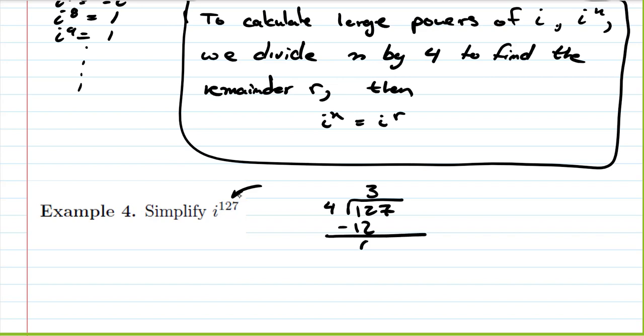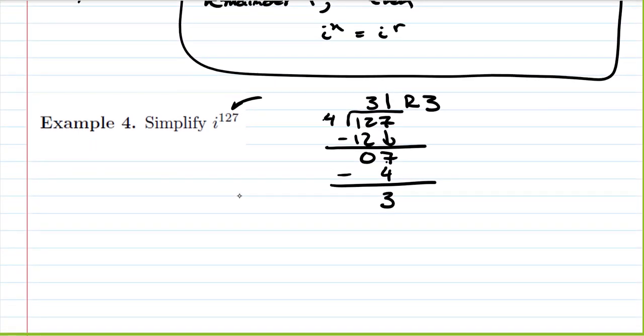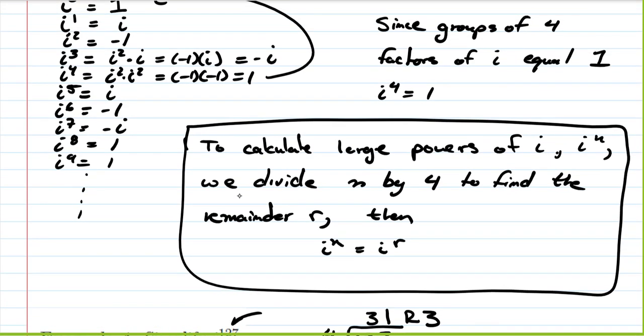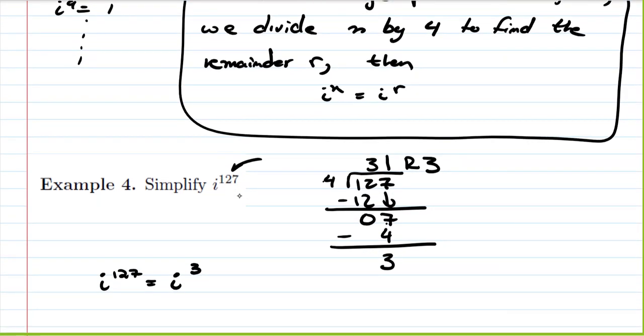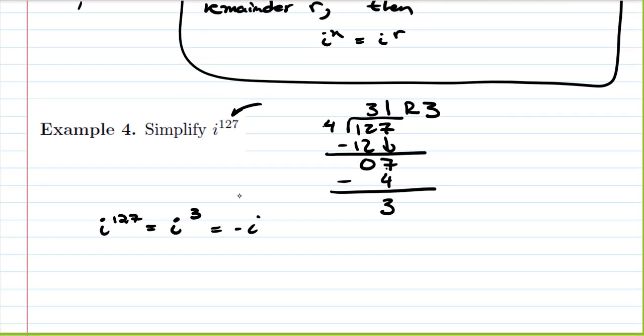We subtract, we get 0. Bring down our 7. 4 goes into 7 once. 1 times 4 is 4. 7 minus 4 is 3. 4 no longer goes into 3, so that gives us our remainder. So i to the 127th power is the same as i to the third, because this is our remainder. And then i to the third power, we know, is negative i.